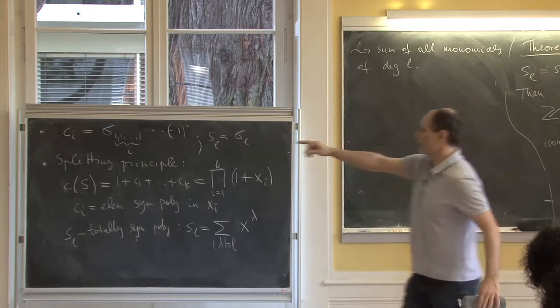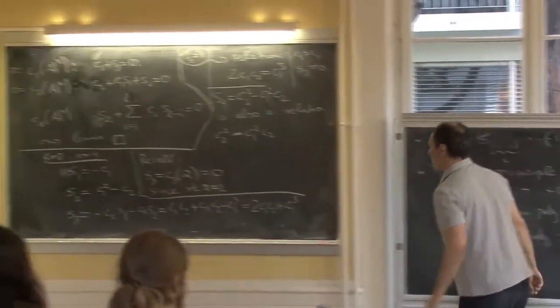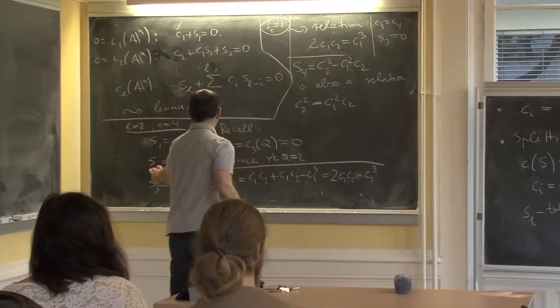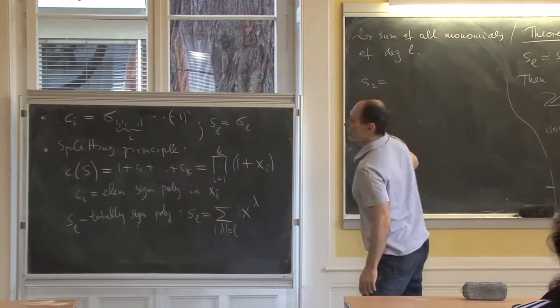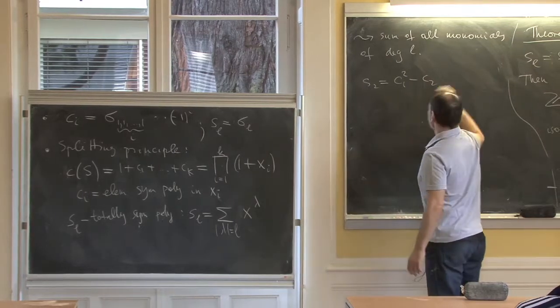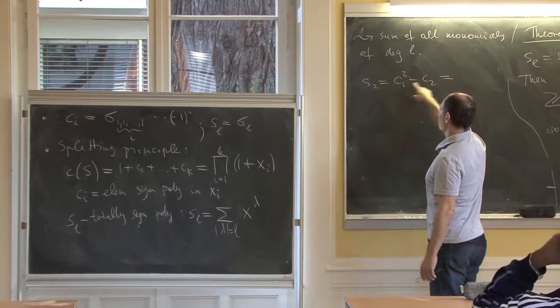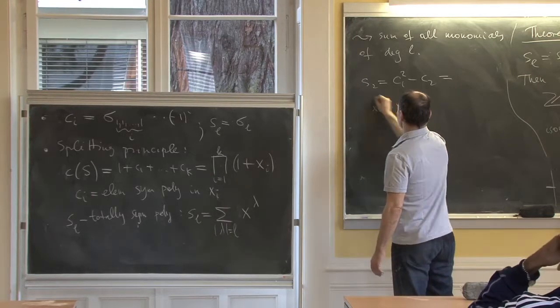So for example, let me just show you quickly what I mean here. S2, let's do this formula here. S2 is equal to c1 squared minus c2, right? Well, these are now the elementary symmetric polynomials. So this is x1 plus x2, the first elementary symmetric polynomial.